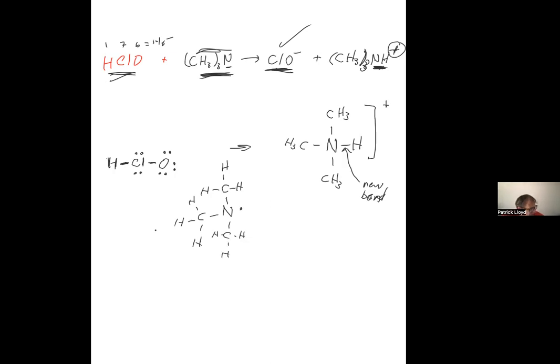Okay, the key point is there's a lone pair there. That's the important aspect of this, that there's a lone pair right there. So that lone pair is going to be used to form a bond with the hydrogen ion. So notice it's NH, new bond. Where do the electrons come from? The new bond is going to come from the reactant that has the lone pair.